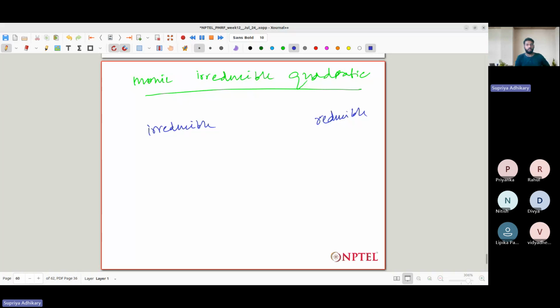Now, if we consider quadratic polynomials, we are considering only the quadratic polynomials. So what is the total number of quadratic polynomials over Zp? The total number of quadratic polynomials should be p square. Why? Because the polynomials are of the form ax square plus bx plus c.